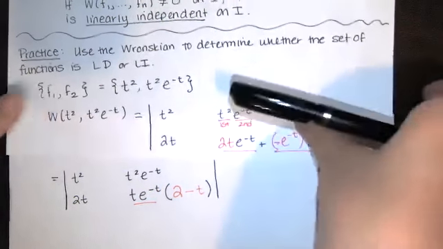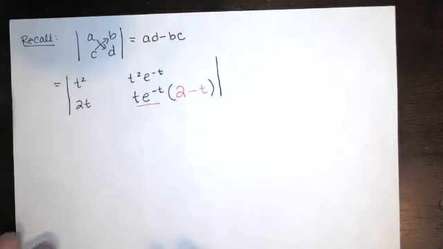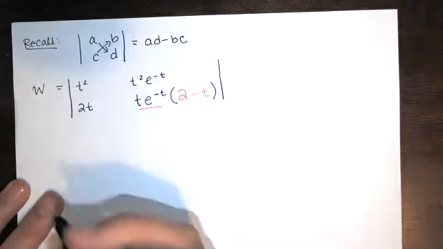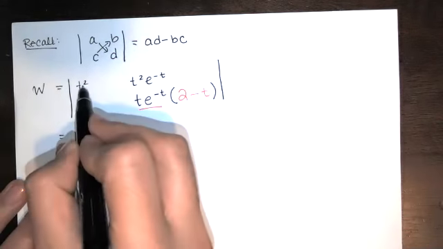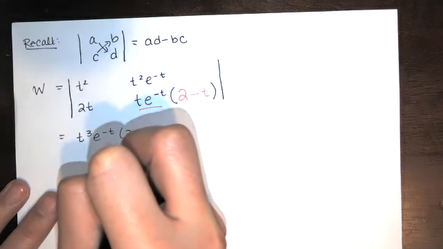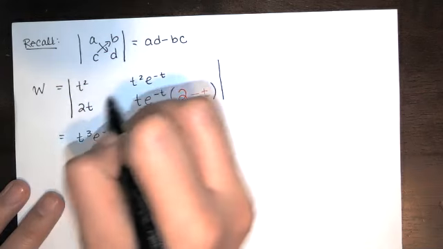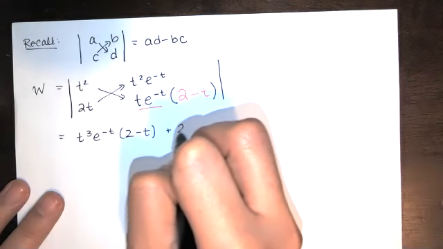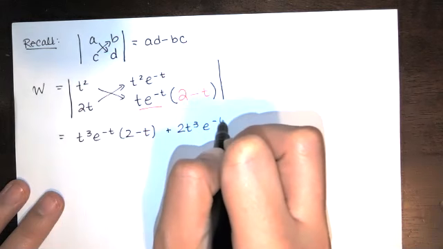So we're evaluating this 2 by 2 now. And we multiply across this diagonal and subtract. This times this gives me t cubed e to the negative t times 2 minus t. And then this times this gives me plus 2t cubed e to the negative t.